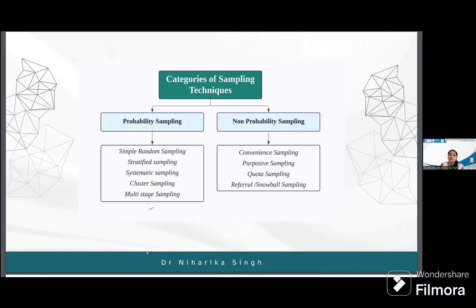Let us now come to the categories of sampling techniques. Like I said, we will focus on probability and non-probability sampling. Probability sampling is randomized sampling, where each and every part of the population has an equal chance of selection.